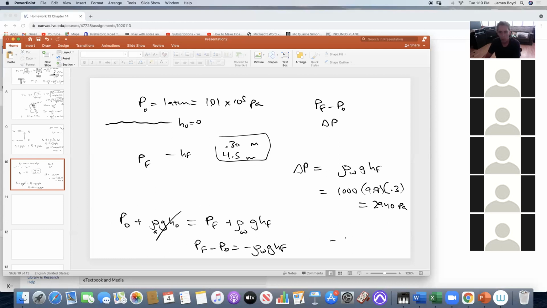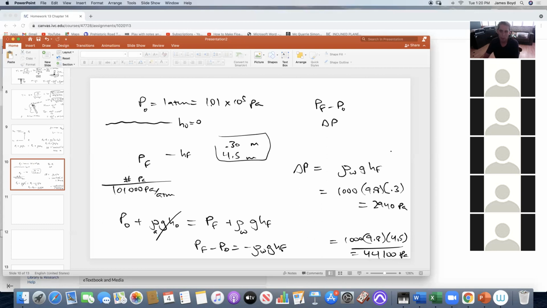And when it's 4.5, 1000 times 9.8 times 4.5 is 44,100 pascals. So 1 atmosphere is 101,000 pascals, let's say. So if we divide our number in pascals by that, we'll get atmospheres. 2940 divided by 101,000 is about 0.03.